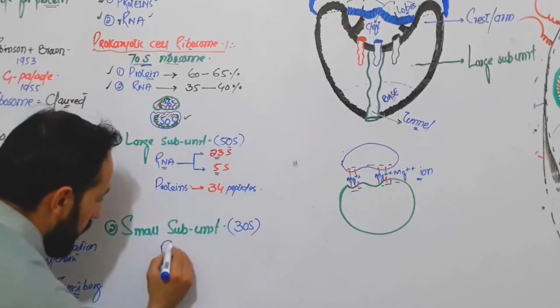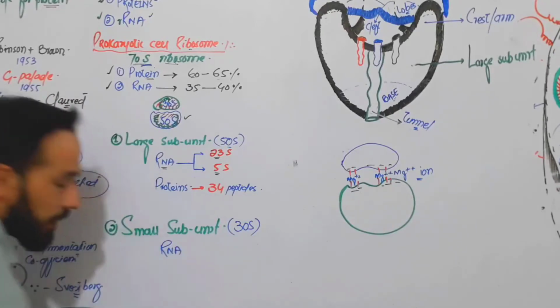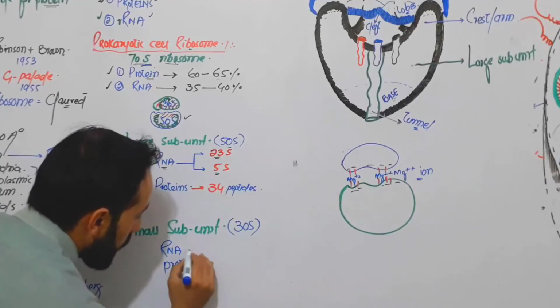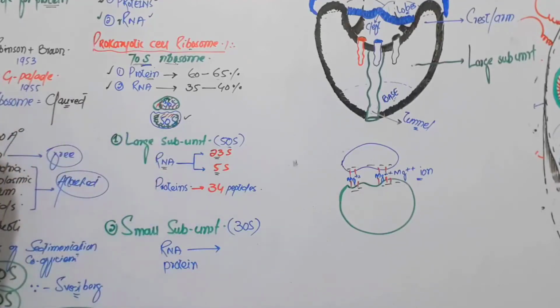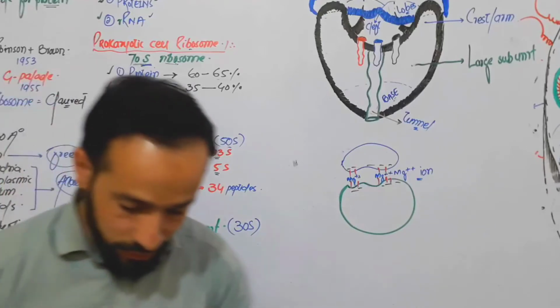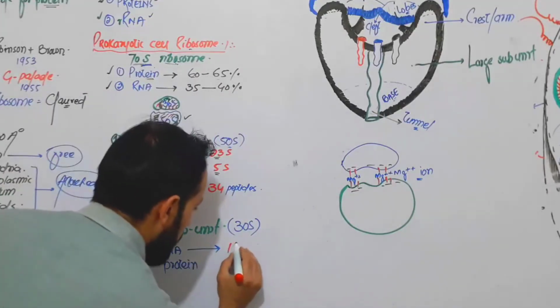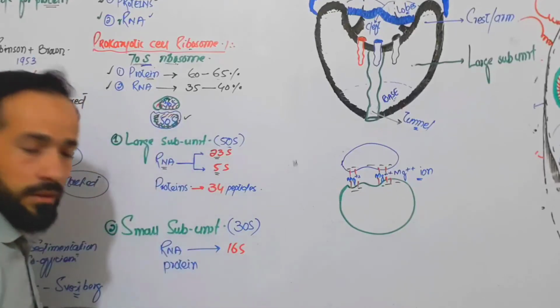And you know that inside this 30S there must be RNA and there must be protein. Here only one type of RNA is present, and that is 16S RNA.